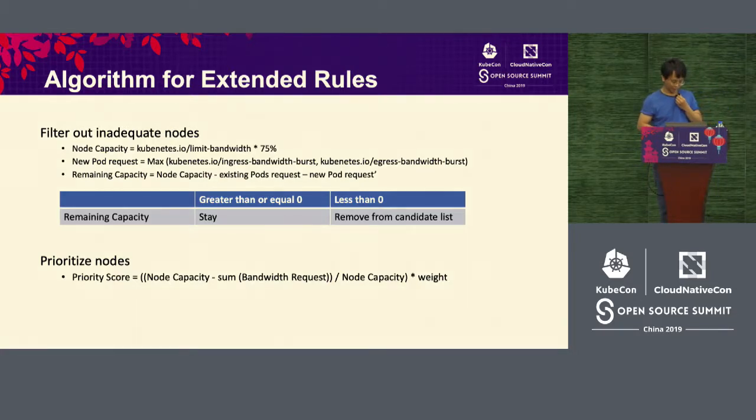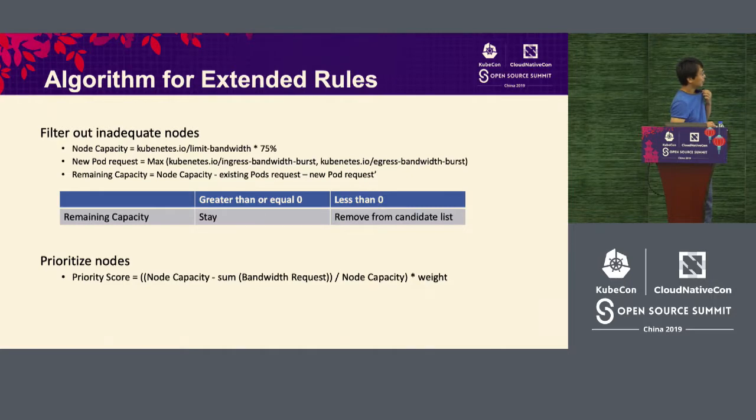About the algorithm for extended rules. First, you need to calculate the capacity of the node. Just now, we have the labeled bandwidth, and then we should multiply it by 75%. This is the best practice recommended by NSX. And we need to know about the required or requested capacity for the new pod.